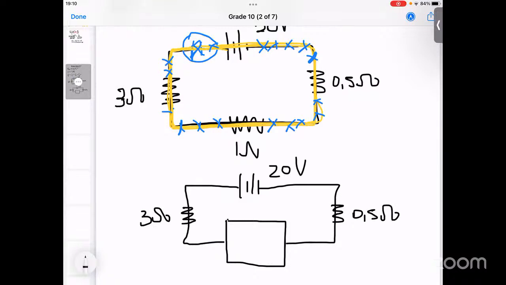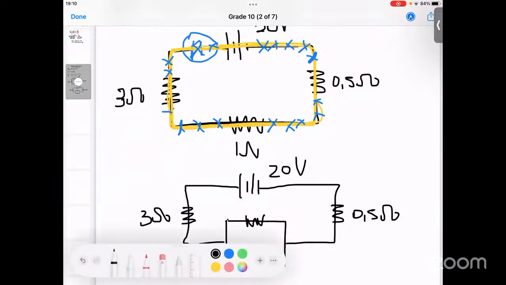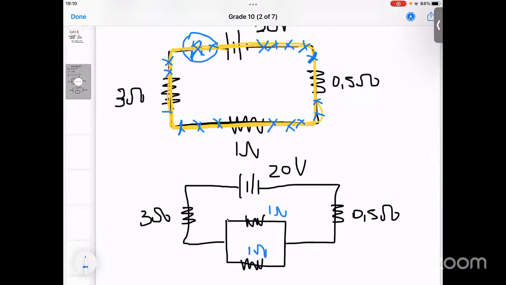Then, instead of having that one of 1 ohm connected in series, now we have made a parallel connection there. That parallel connection can, for example, have 1 ohm there and 1 ohm there.